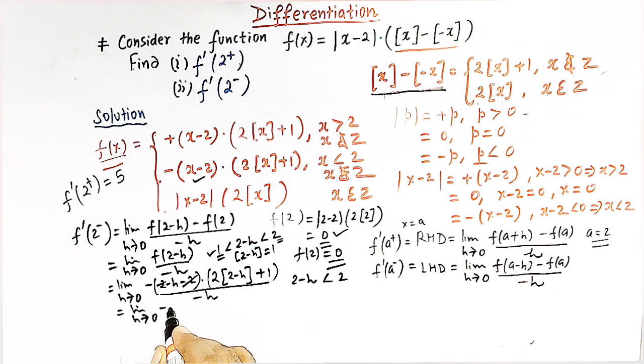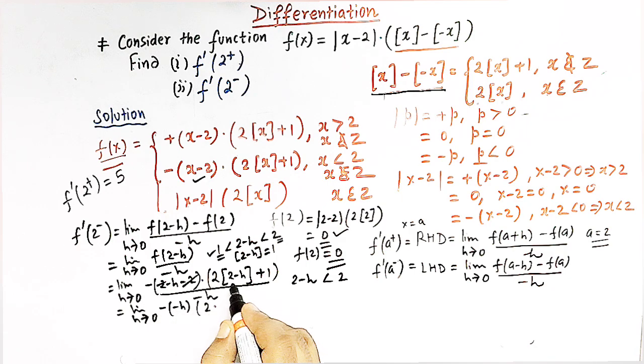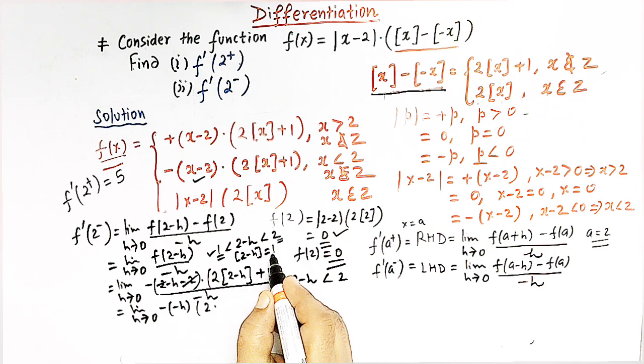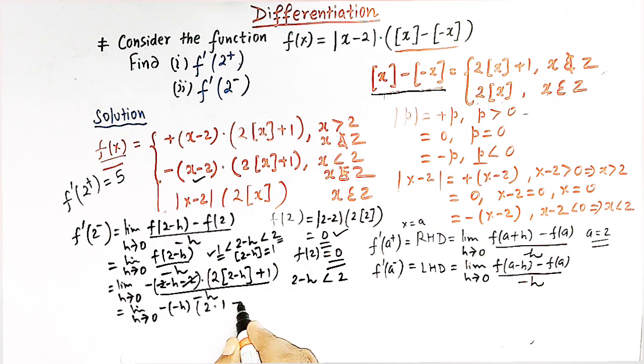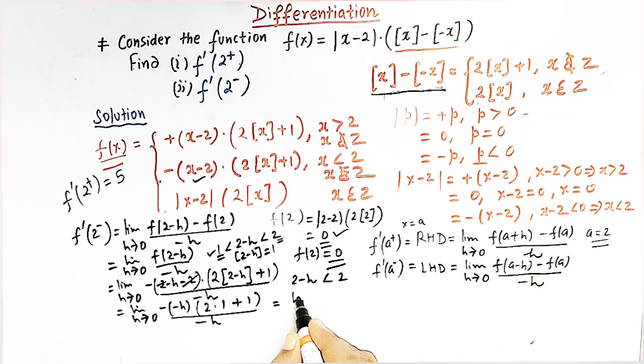Here we have the negative sign, then we have minus h, and here we have 2 times the greatest integer of 2 minus h, that is 1, and here we have plus 1, and in the denominator we have minus h. So we have limit h tends to 0, this is minus minus plus, so we have positive h, and here 2 times 1 is 2, 2 plus 1 is 3, and here we have minus h.